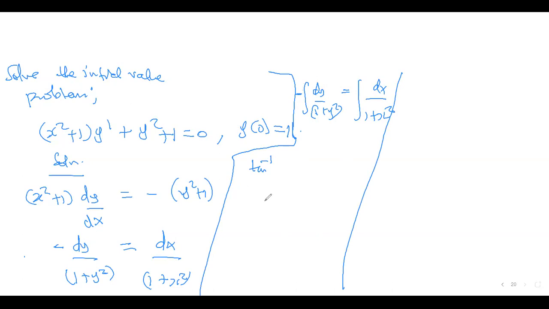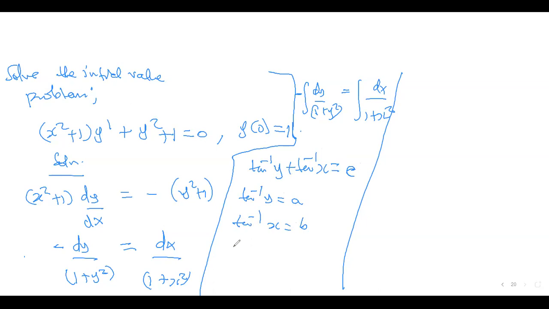So we can have tan inverse of y plus tan inverse of x, and this can be equal to an integrating constant c. We can let tan inverse of y be equal to a and tan inverse of x be equal to b.